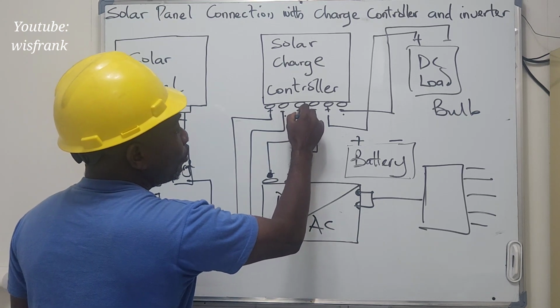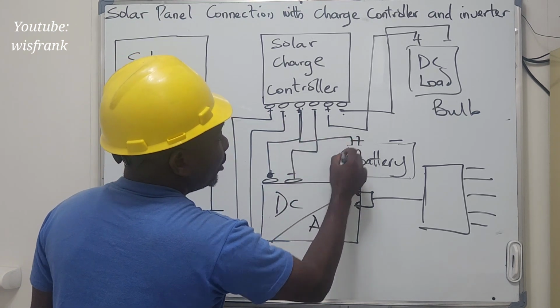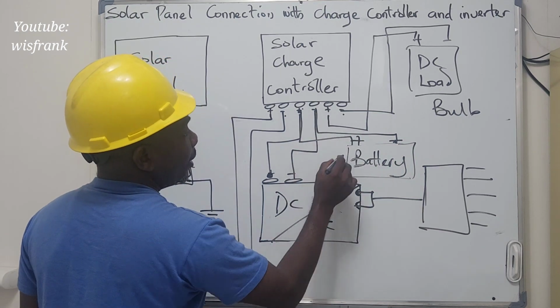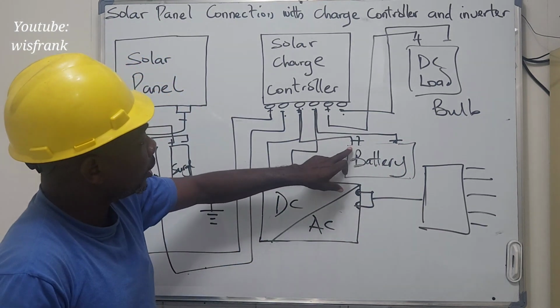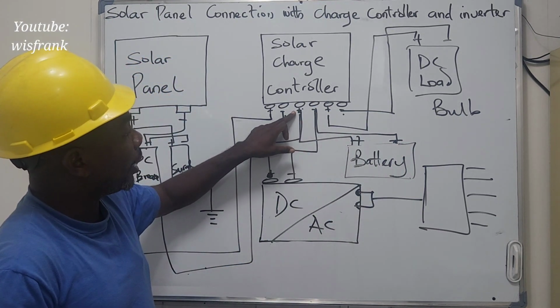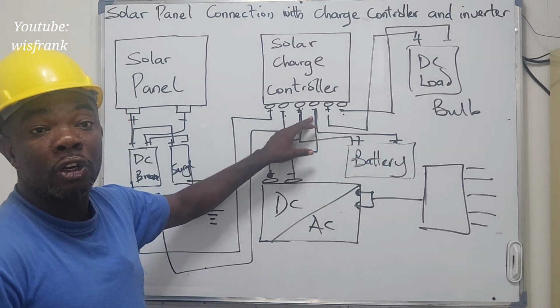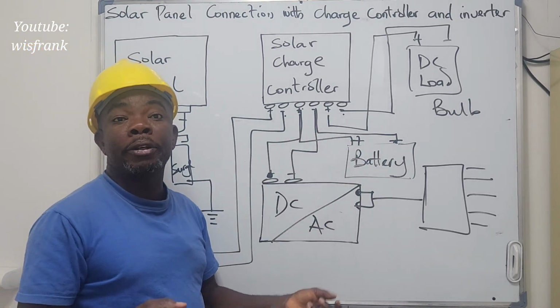So you take your point from here to the battery side and also take your point from here to the negative side. So here the positive will be connected to the charge controller, and also the negative point of the battery will be connected in charge controller. It depends on the number of battery that you use.